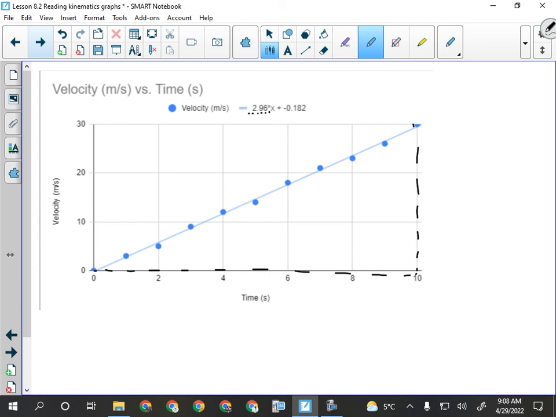Okay? Took the base, 10 seconds, multiplied it by the height, 30 over 2. Okay? Here's our average velocity. Here's our time. Average velocity times time equals displacement. Questions on that one? Okay.